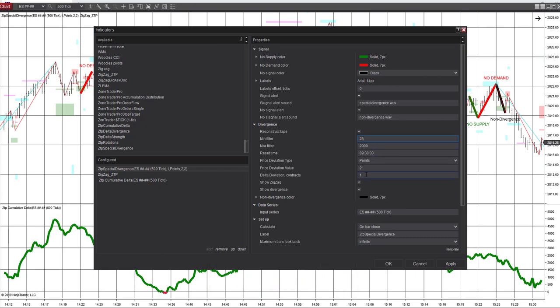In other words, there are some significant variables here in the minimum filter, the price deviation value, and the delta deviation in contracts. So when you go to develop a strategy using this indicator, you're going to have to take all 3 of these into account.